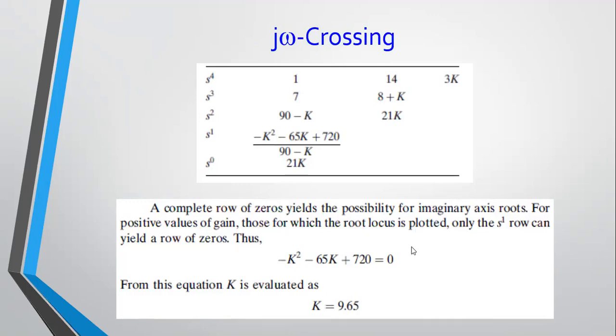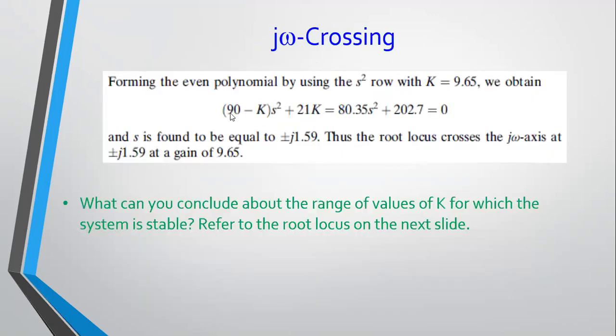So if you see this row here, it's (90 minus k) s squared, and the next coefficient would not be s, because this is s squared. We have only even powers of s, so this is going to be s to the power 0, a constant. So (90 minus k) s squared plus 21k. You replace the value of 9.65 here and here.